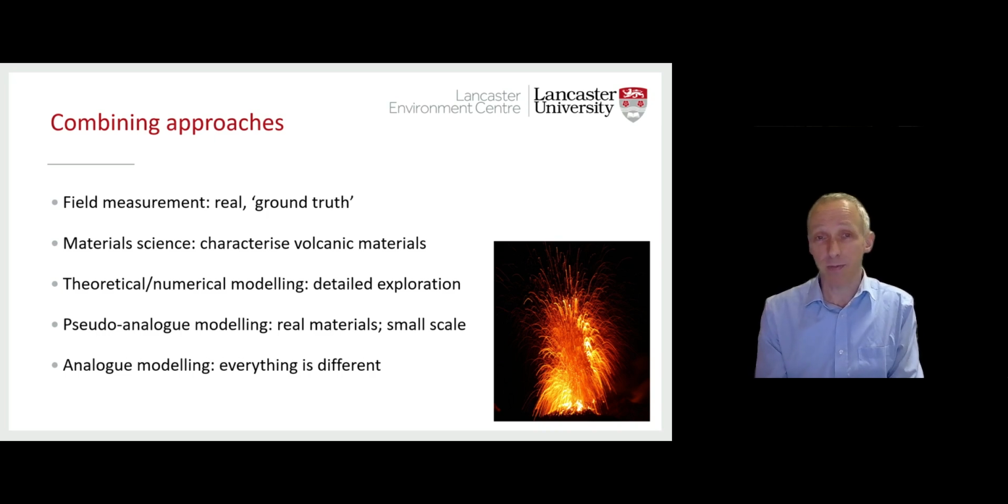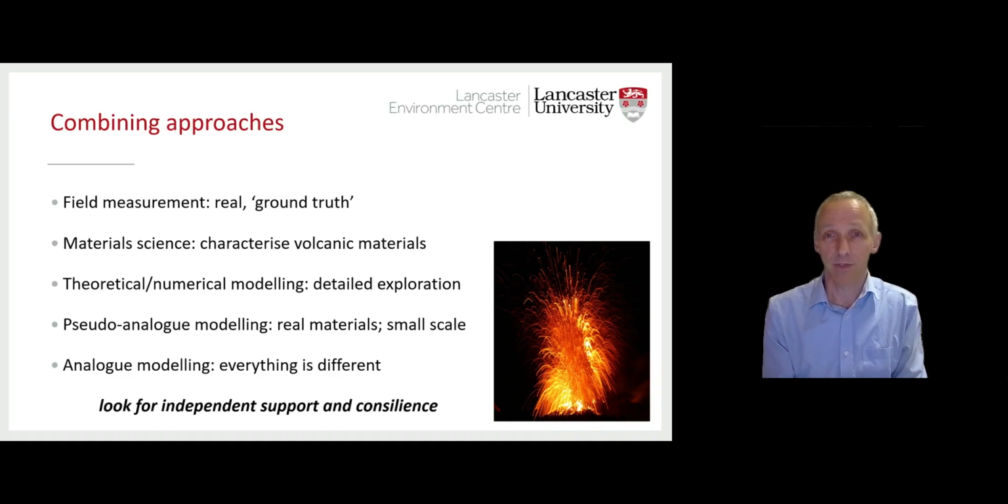Results from different methods may not be identical due to the different measurements used, but they should provide support and consilience. They should be explainable with a consistent story. So analogue modelling can be a valuable component to this process through being a strongly independent approach that nevertheless draws on real material interactions.